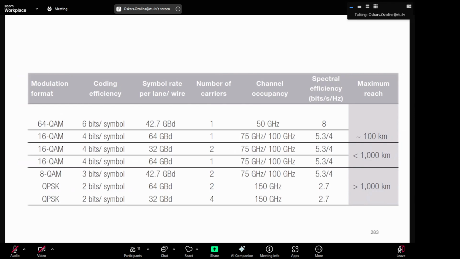So here we can learn a couple of things from this table. As you see in this table, the modulation order decreases and the maximum reach increases. So why is that?